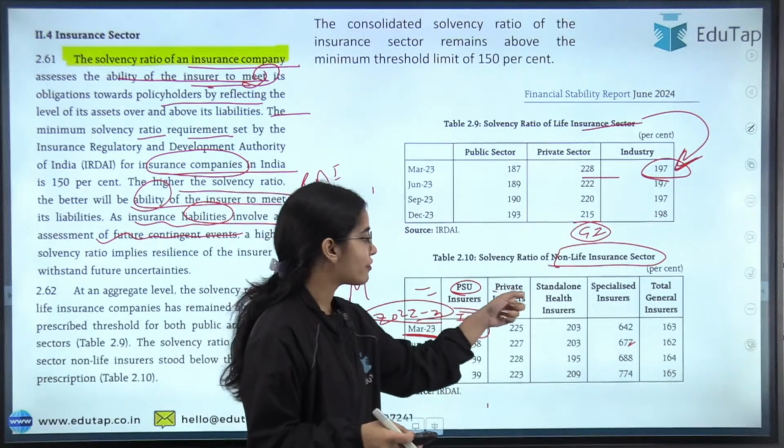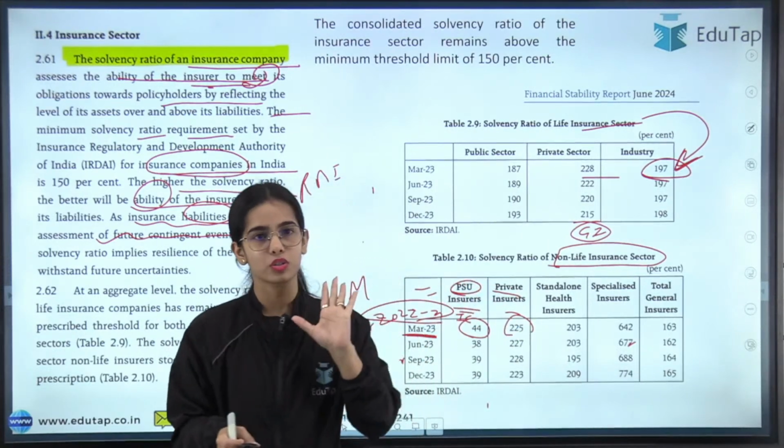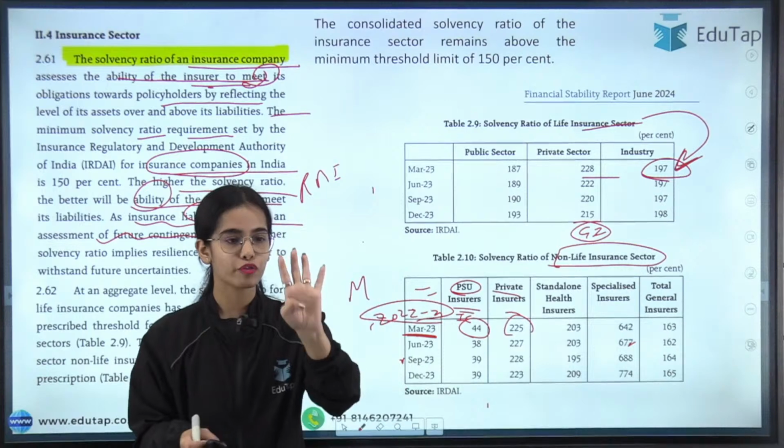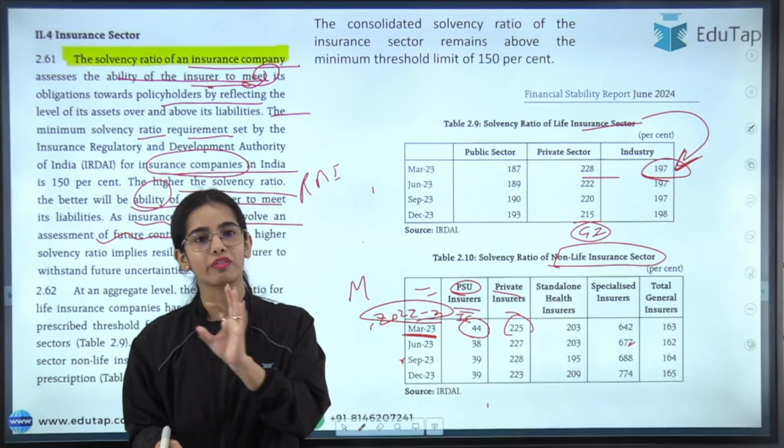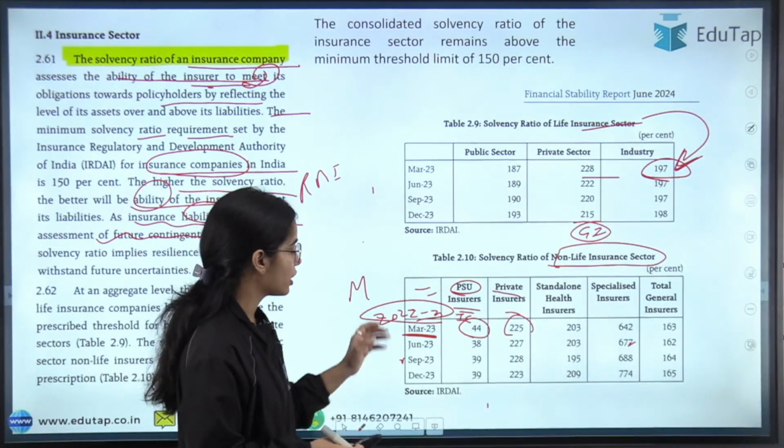While the private insurers are maintaining a good solvency ratio. So out of the 4 general insurance companies, 3 are not at all following the solvency margin, only 1 is following it. Okay, so this is the idea.